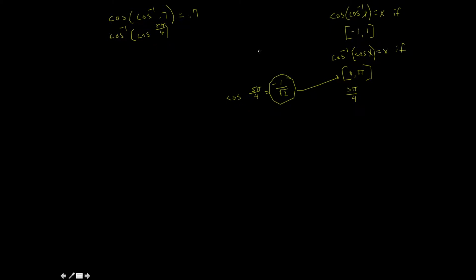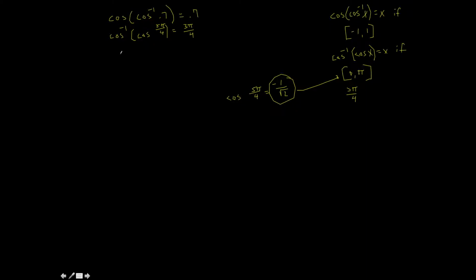So what we say is this answer here: the inverse cosine of the cosine of 5 pi over 4 is going to be 3 pi over 4. So keep that in mind.